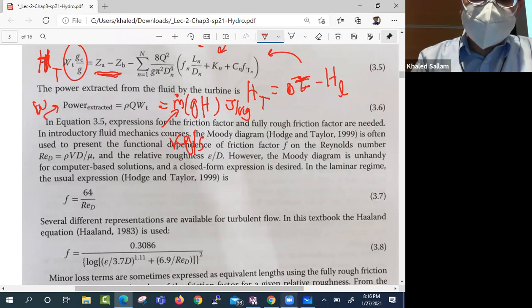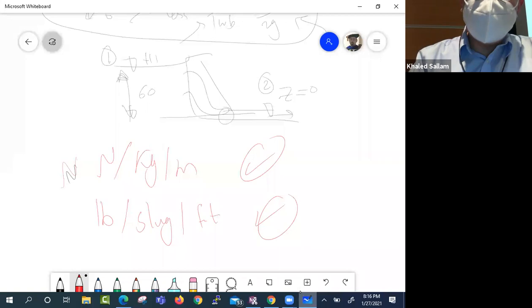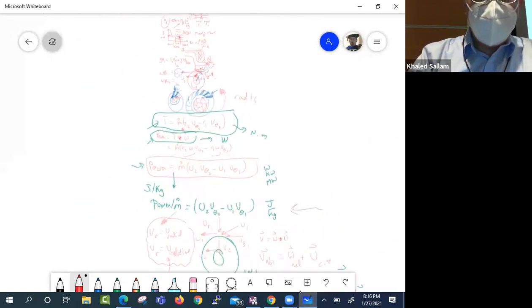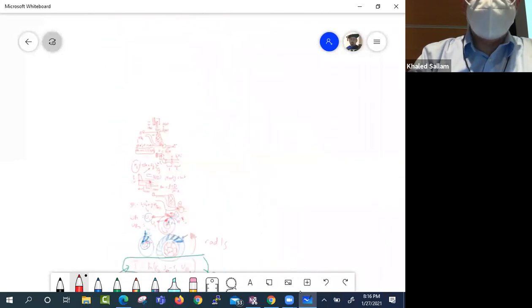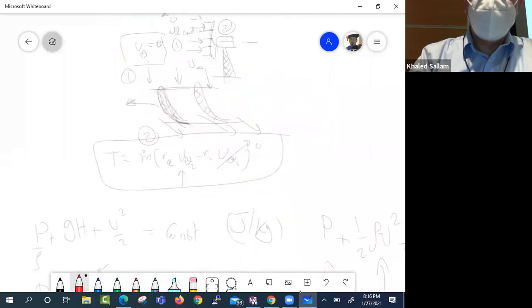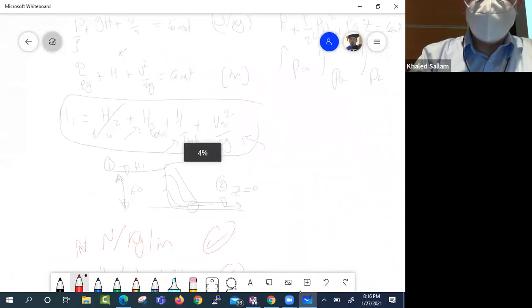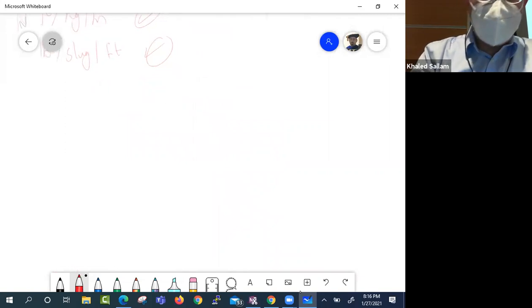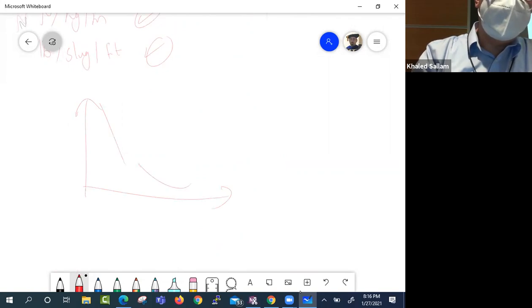So the Moody chart that we just explained, where's our Moody chart? Did we get Moody chart somewhere? That Moody chart with those curves, where F is here and U is here.